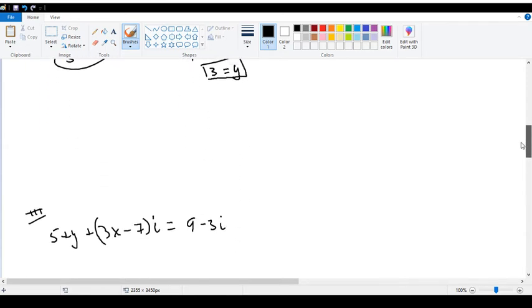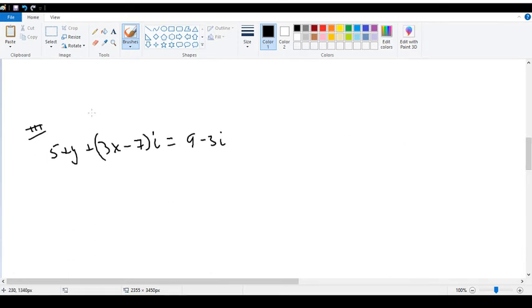The next problem we have is very similar, looking for the x and y values. Same idea. First thing I want to do is distribute this i. Notice I have 5 plus y equals all this.